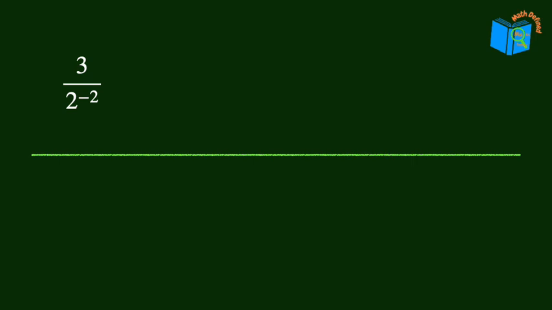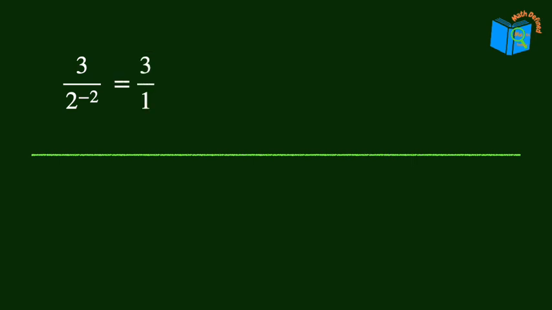Now this fraction is a bit different. The negative exponent in the denominator applies only to the base number 2. To truly understand how the exponent affects the expression, I'll write it out in expanded form so you can see the math in action. I'll start with the numerator 3 and write it as 3 over 1.